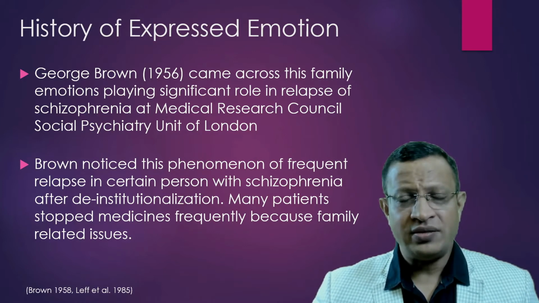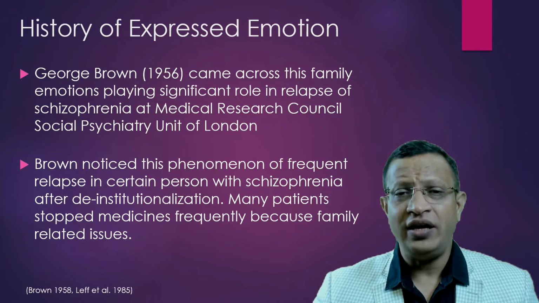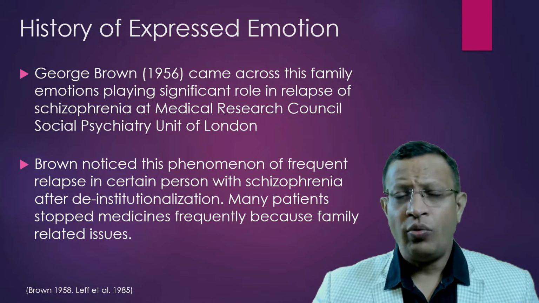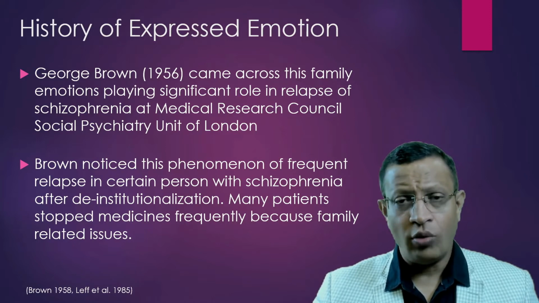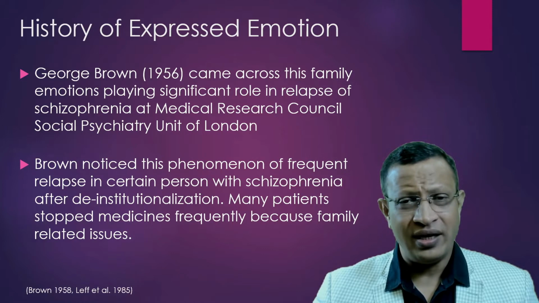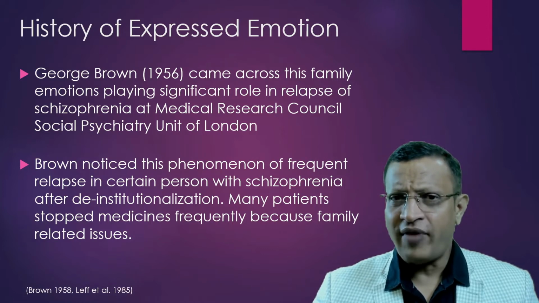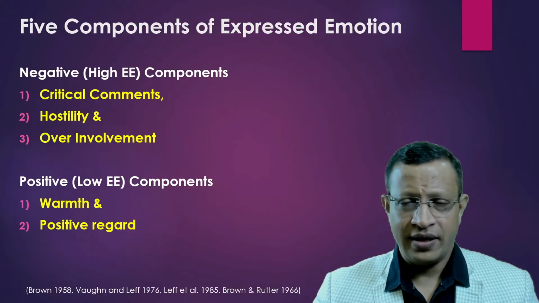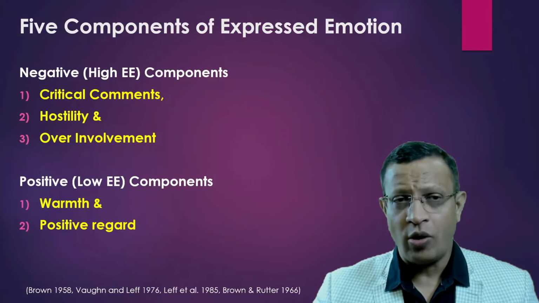When he looked into these patients, he found that among the patients staying with family members, especially siblings, the spouse and parents, whenever there was high criticism, over-involvement, and hostility, there was relapse. Hence, he said there are some important family variables which are predicting relapse. So he gave these five important components.